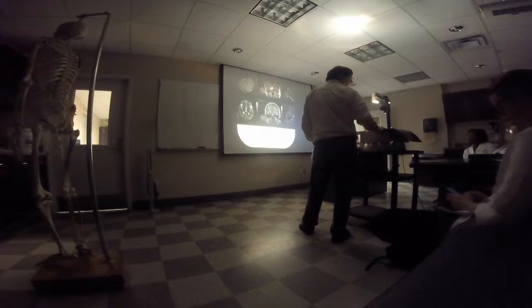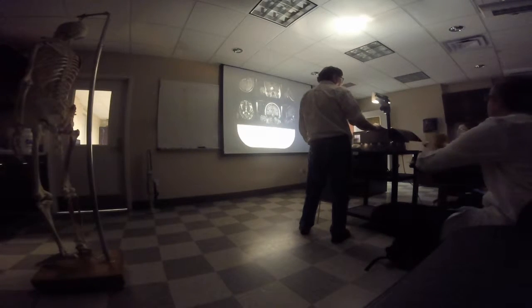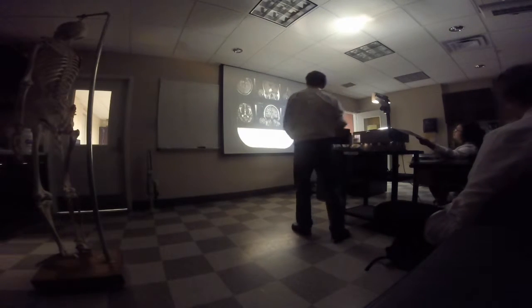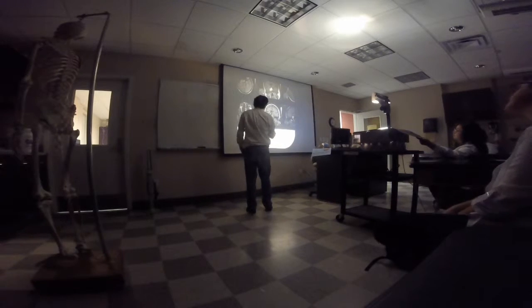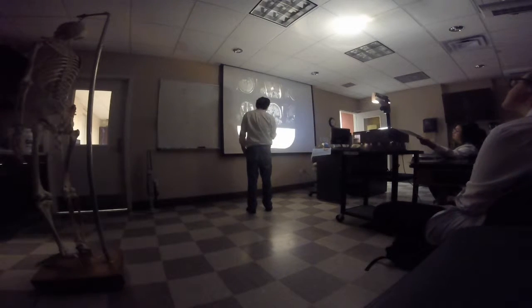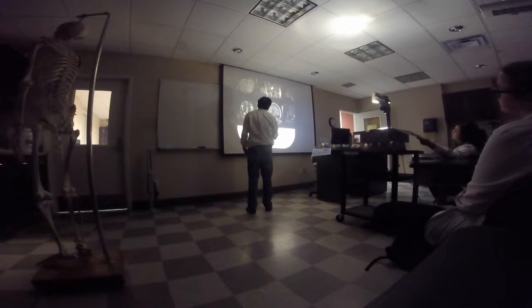Now, these lateral ventricles are draining into this right here. What is this? Third ventricle? Yeah, it's a slit-like ventricle between the two hemispheres. The thalamus on one side would be here, the other thalamus would be right here.